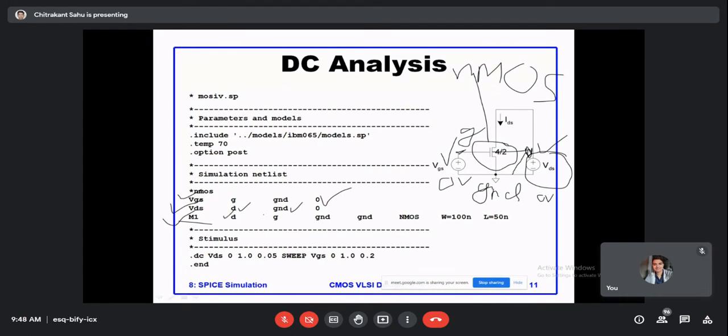First is drain, second is gate, third is source, and then the body. The body is also connected to ground in this case, as I highlighted with the pen. So these are the connections and nodes for this particular circuit.